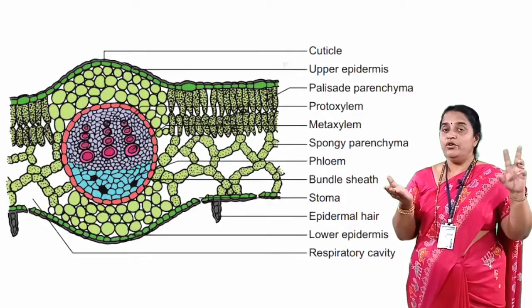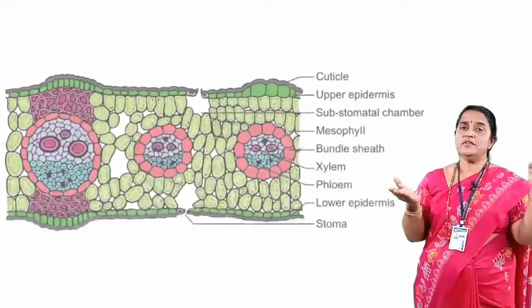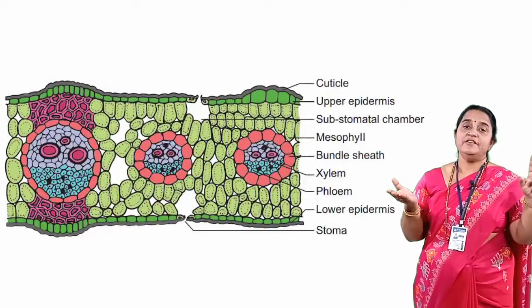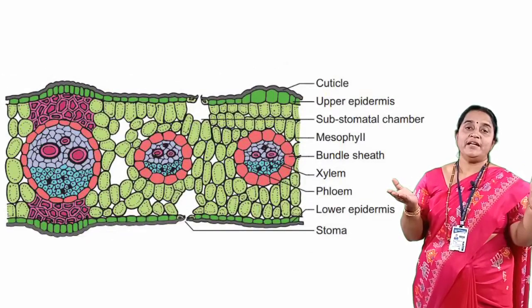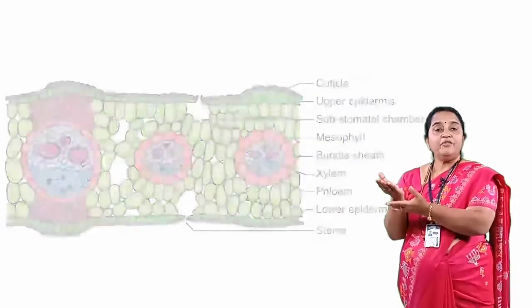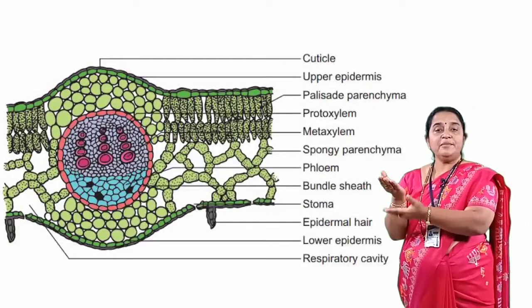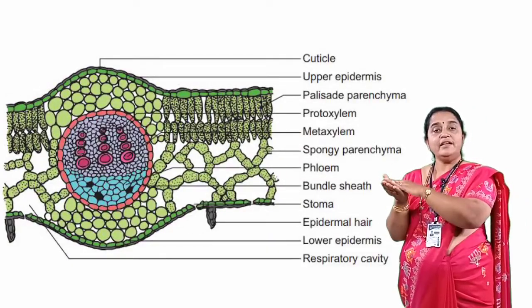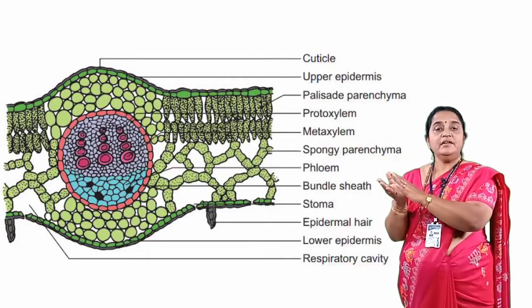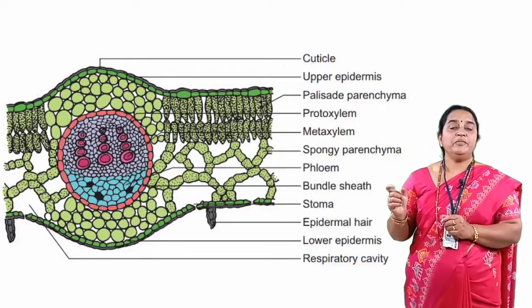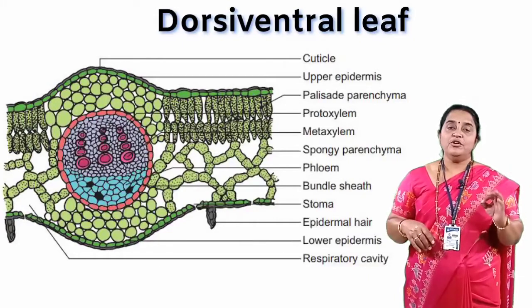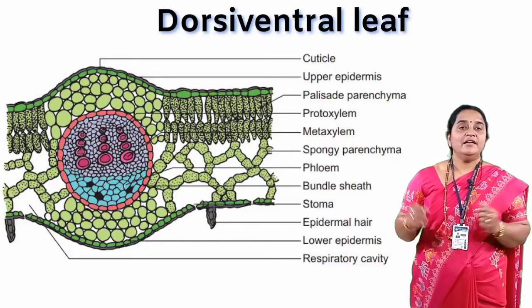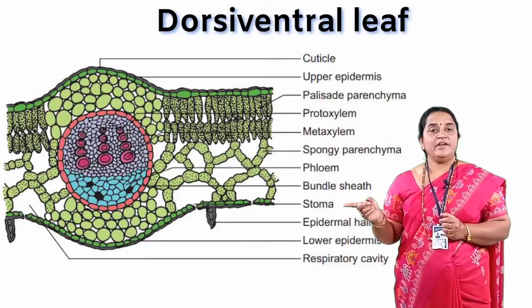In monocot, I told you, the leaf shows stomata on both sides. It is known as amphistomatic condition. Here hypostomatic condition. So rate of transpiration is more on the lower side than upper side. Clear? Hence, the leaf is said to be dorsiventral. So monocot leaves are isobilateral, dicot leaves are dorsiventral.